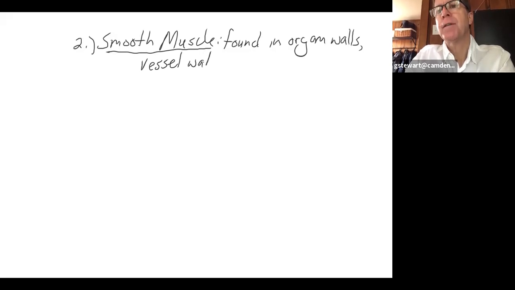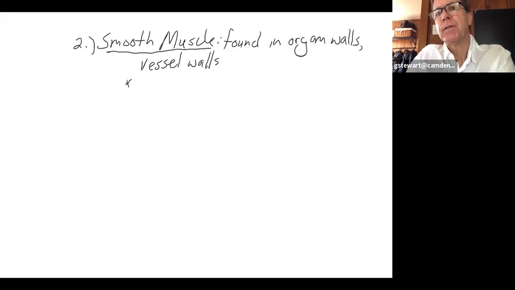So in the walls of our blood vessels, we find this smooth muscle. In the walls of our organs, specifically digestive organs mostly, we also find smooth muscle. So your stomach, for example, is lined with smooth muscle, just like your arteries and veins are lined with smooth muscle. So that's the location.